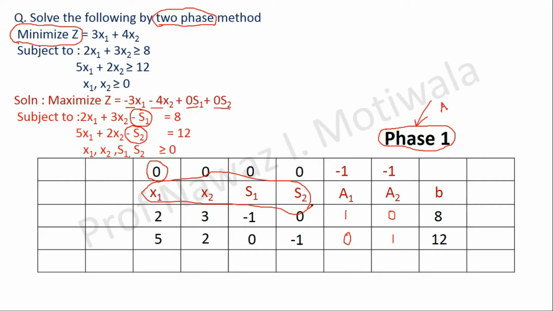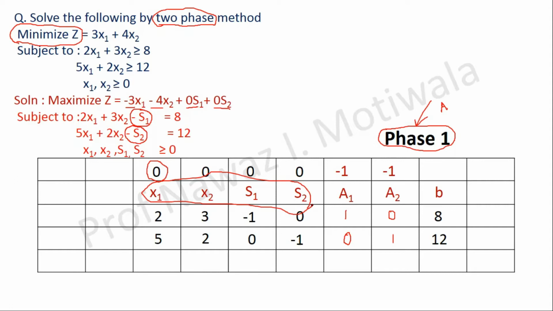See the difference again. The difference between the two-phase method and the Big M method is that in the Big M method, in the first iteration, we used to write the coefficients of the variables from the objective function, and the coefficient of the artificial variable was written as -M. When we switch to the two-phase method, in phase 1 we choose the coefficients of all variables as 0 and the coefficient of the artificial variable as -1.